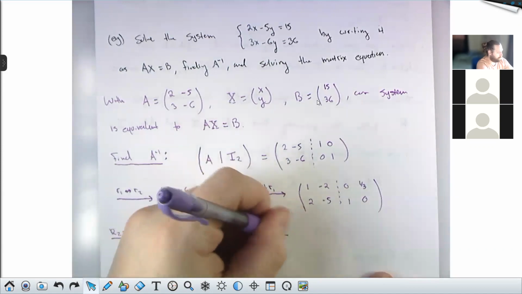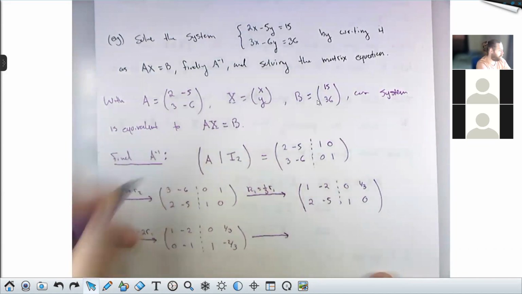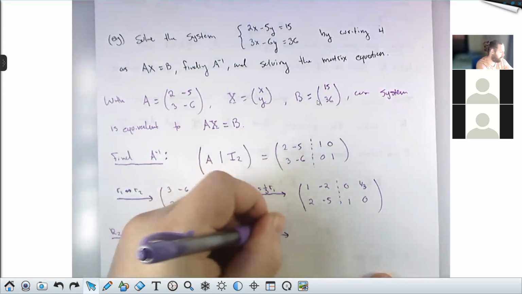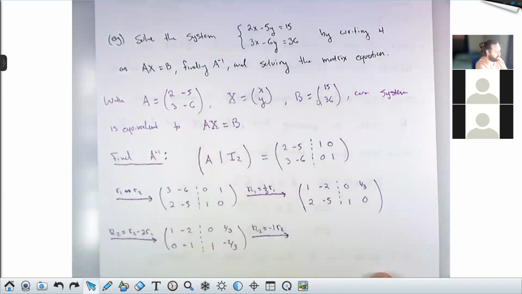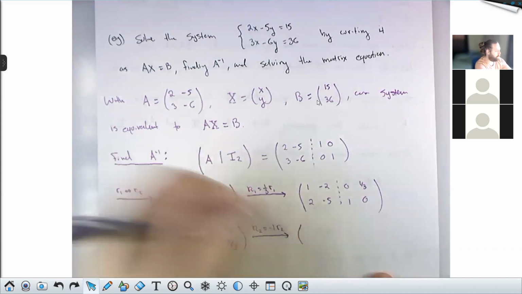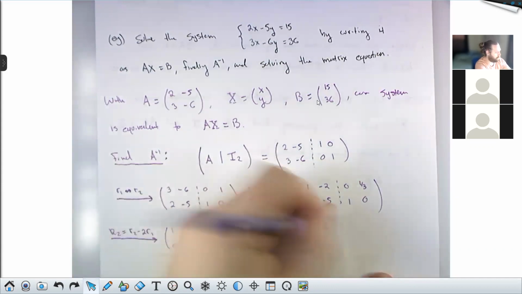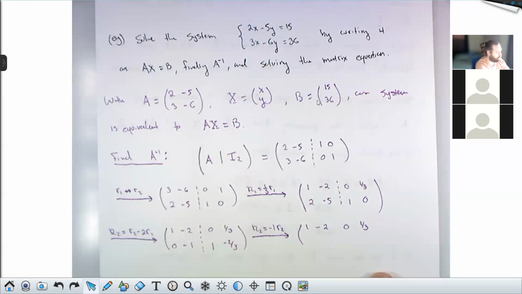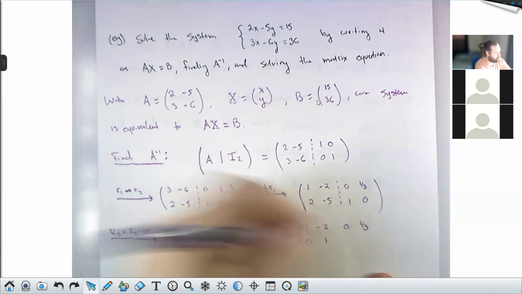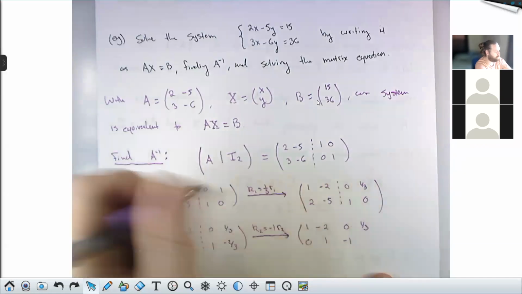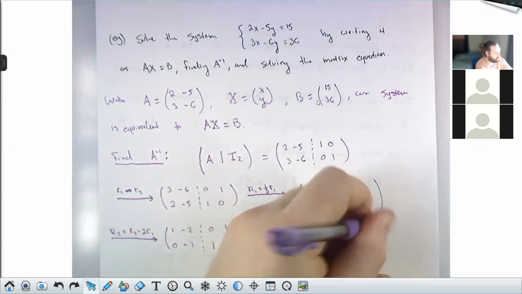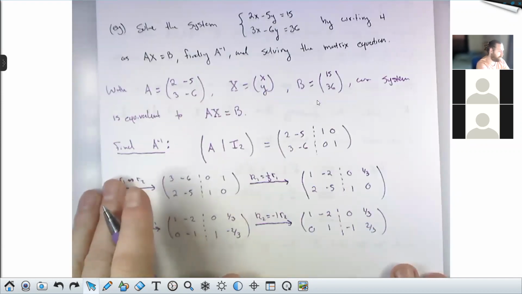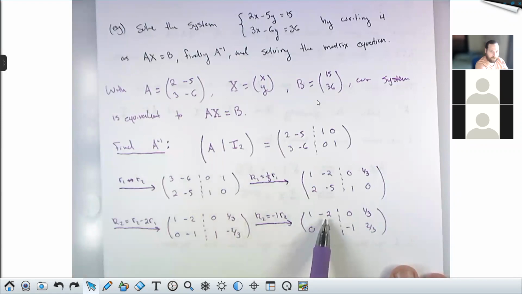Now, I can multiply through row 2 by -1. I'll make this a +1. Row 1 will stay the same, 1, -2, 0, 1/3. And row 2 will become 0, +1, -1, +2/3. And then my last step is to kill this guy.